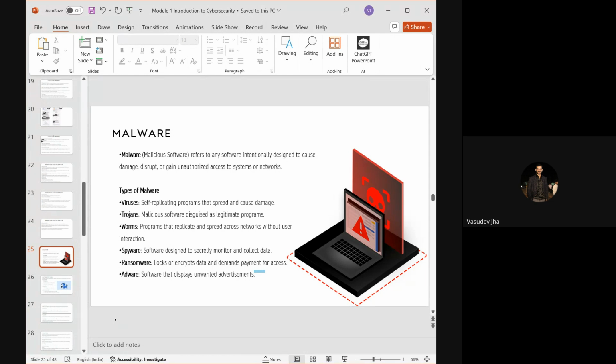We usually do some piracy, like downloading movies or games from unauthorized sources. Also nowadays it has come to notice that people who are using cheat codes or hacks in games have to activate them through some method, and from that method the virus or malware can come to the system.